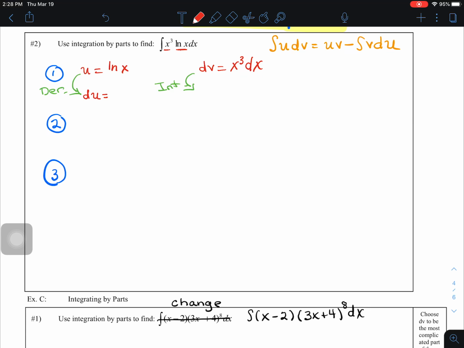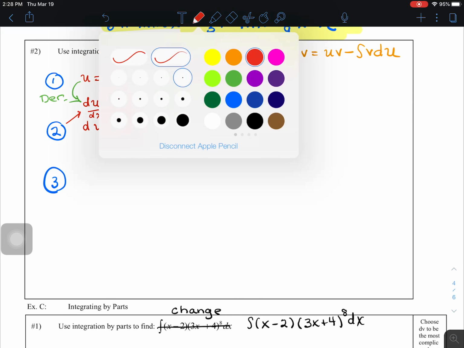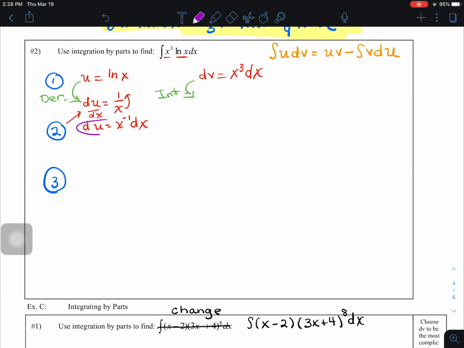Okay, so in our second step here, we're going to differentiate u. We know that the derivative of natural log of x is 1 over x, and then I'm going to write that by pulling that x up to the top, swinging the dx to the other side. I'm going to circle these things as we find them.